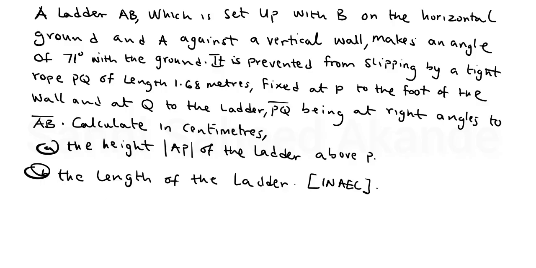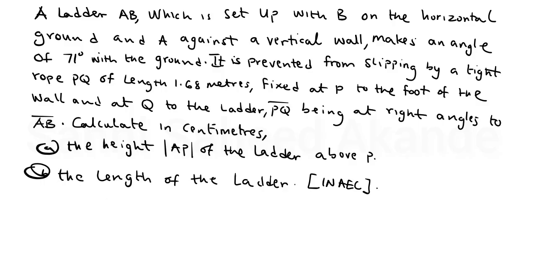It is prevented from slipping by a tight rope PQ of length 1.68 meters, fixed at P to the foot of the wall and at Q to the ladder, PQ being at right angles to line AB. Calculate in centimeters, A, the height AP of the ladder above P, and B, the length of the ladder. So this is also a WAEC question.